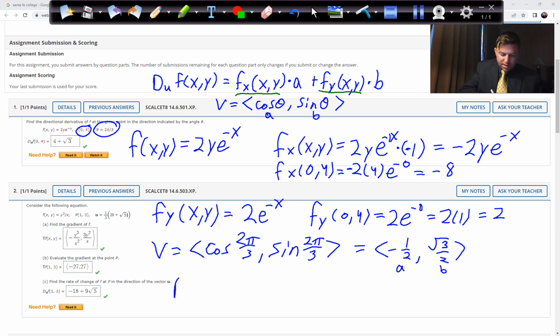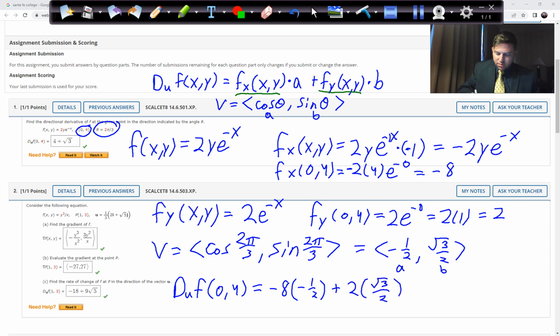So we're going to get the directional derivative of f at the point (0, 4) is equal to f_x at (0, 4), which is negative 8, times a, which is negative 1/2, plus the partial of f with respect to y at (0, 4), which we calculated to be 2, times b, which is root 3 over 2.